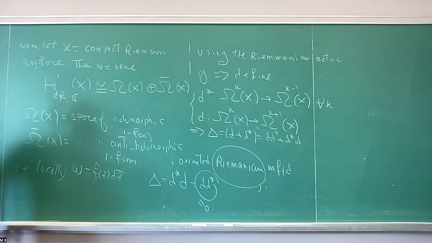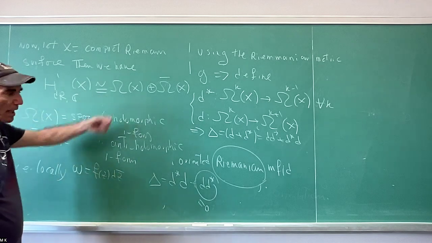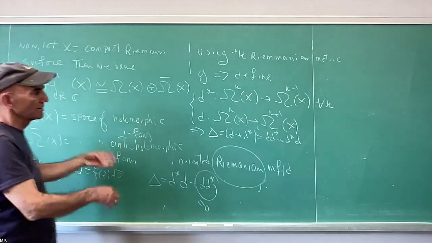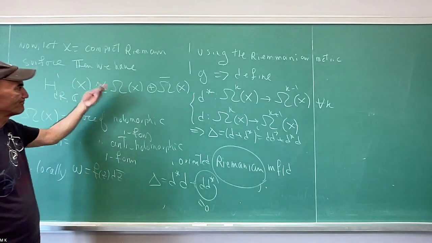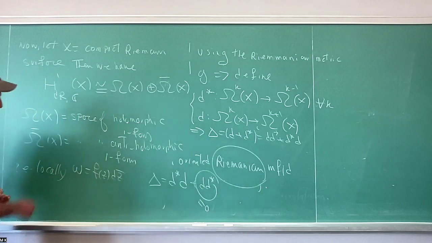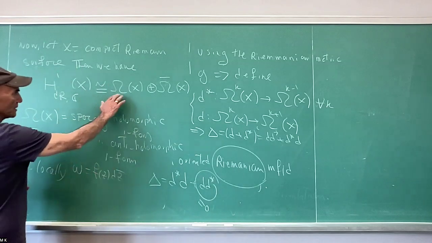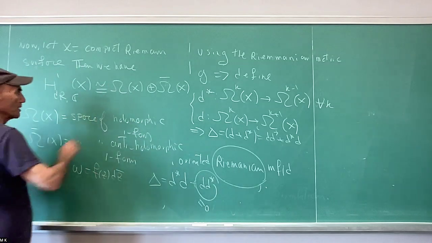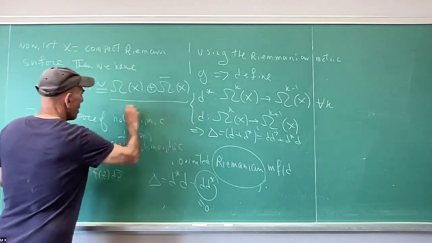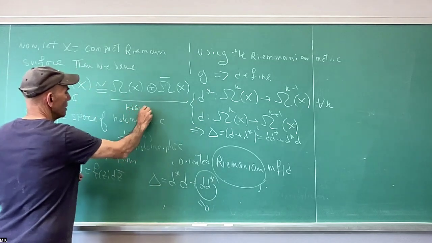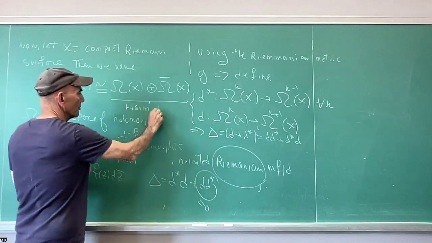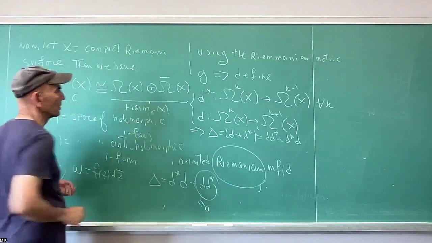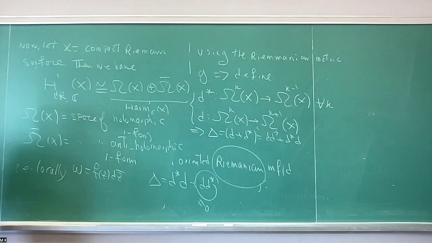Now, this omega of x, if you follow these definitions, turns out to be more than just a closed one form. These are really harmonic, and this really corresponds to harmonic one forms which appear in this form.